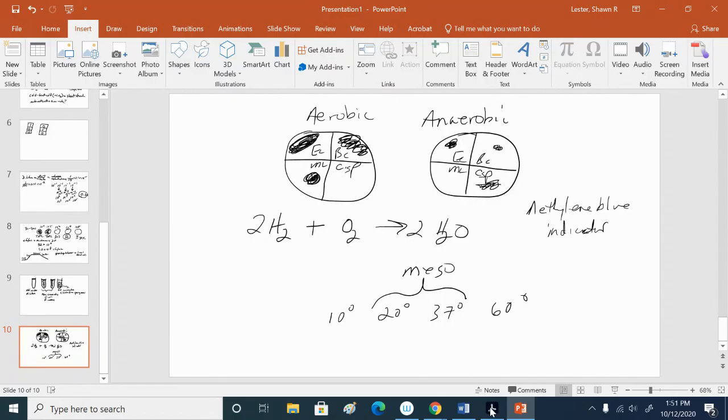What if the organism only grows at 60? Then it's a thermophile. Yep. And then we had one that really, really liked 20, but it grew a little bit at 10.